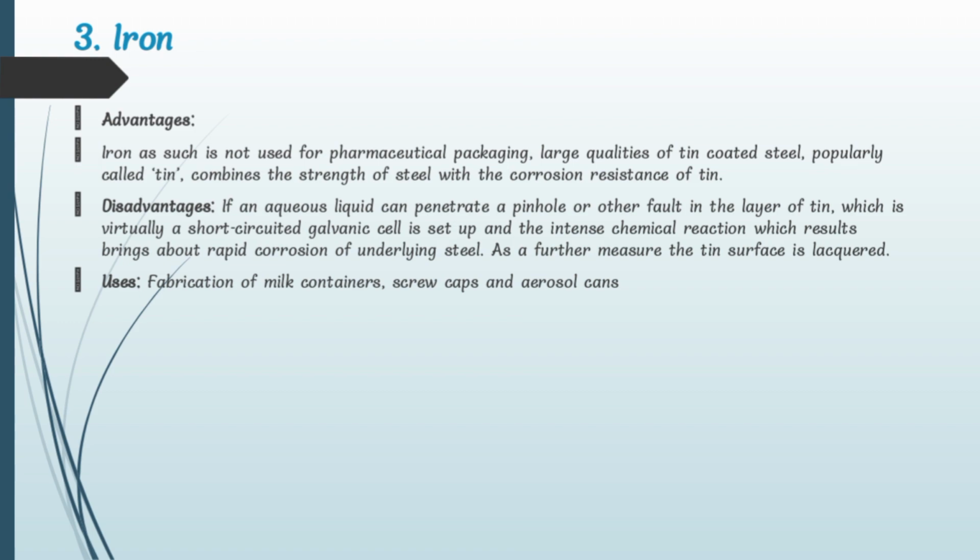Disadvantages: if an aqueous liquid can penetrate a pinhole or other fault in the layer of tin, a virtually short circuited galvanic cell is set up, and the intense chemical reaction which results brings about rapid corrosion of the underlying steel. As a further measure, the tin surface is lacquered. Uses: fabrication of milk containers, screw caps and aerosol cans.